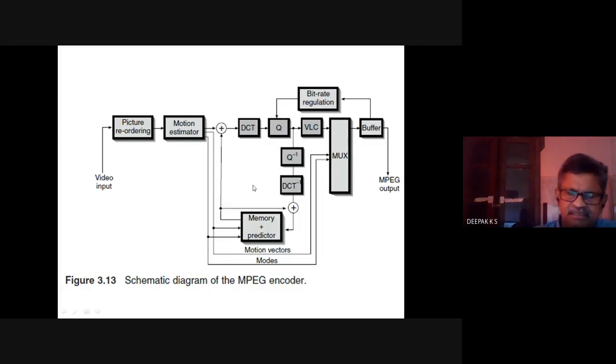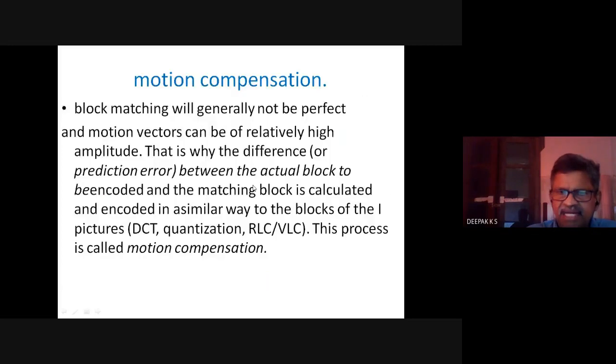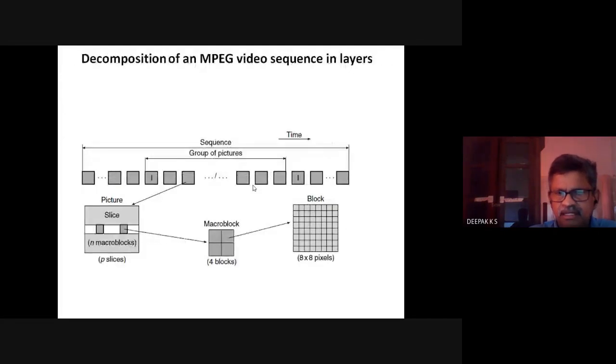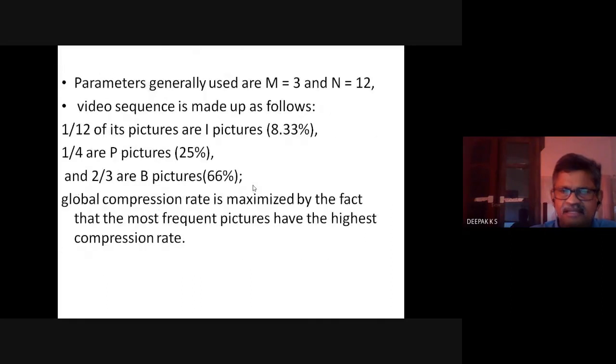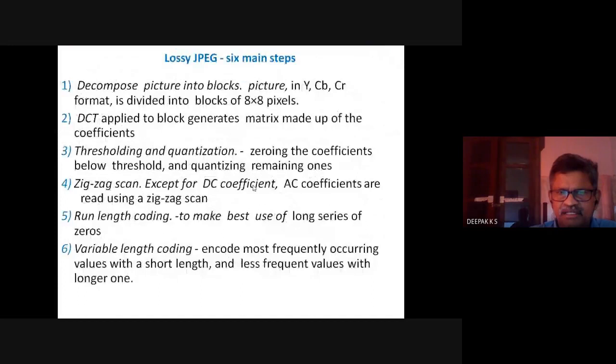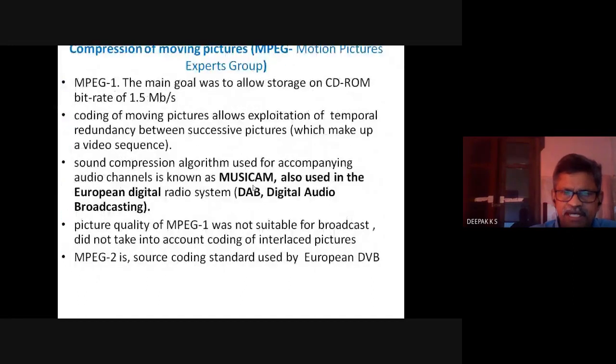So this is just to get an idea of what is happening, and we'll see it in a bit more detail because many other things are connected along with this. So fundamentally you need to know that the MPEG will exploit this redundancy between successive pictures which make up a video sequence. And MPEG 1 we are looking at, and there are some disadvantages with MPEG 1.